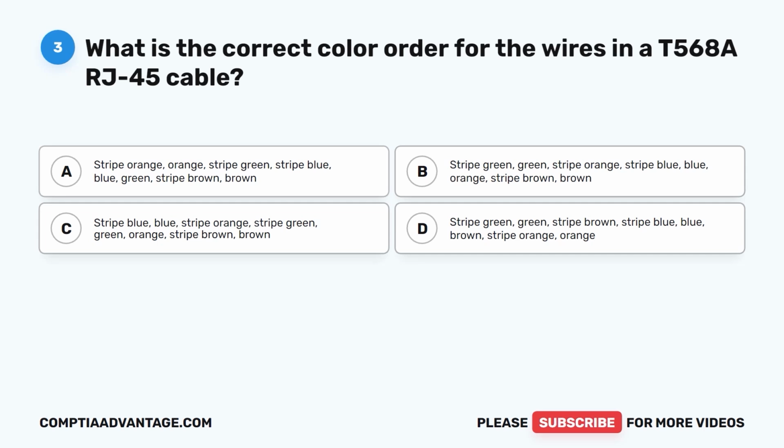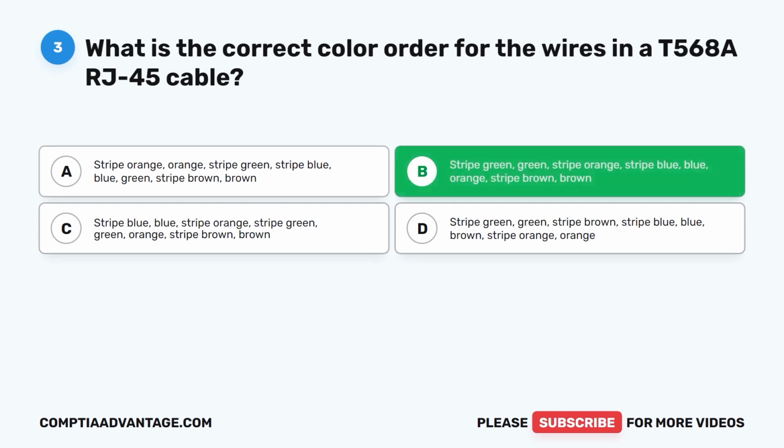C. Stripe blue, blue, stripe orange, stripe green, green, orange, stripe brown, brown. D. Stripe green, green, stripe brown, stripe blue, blue, brown, stripe orange, orange. The correct answer is B. Stripe green, green, stripe orange, stripe blue, blue, orange, stripe brown, brown.